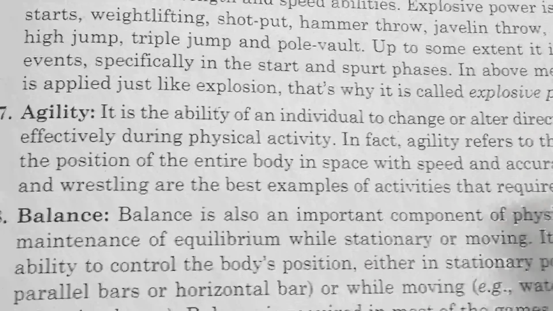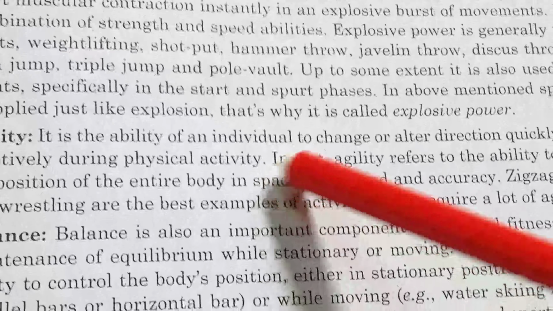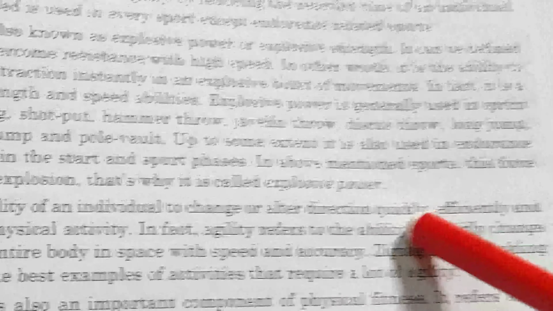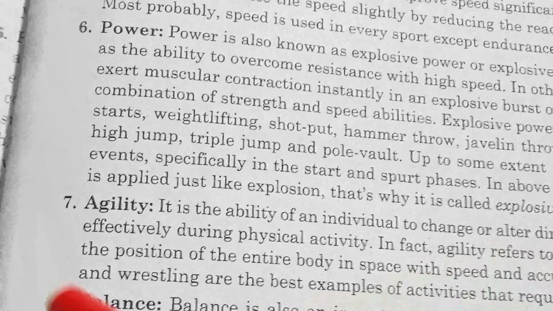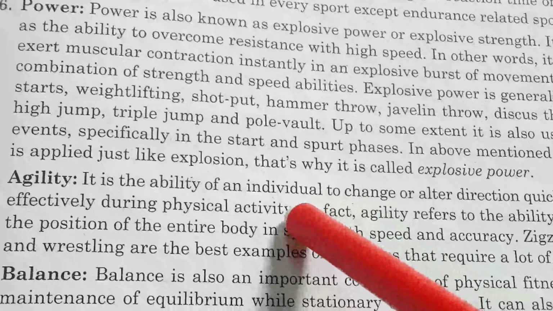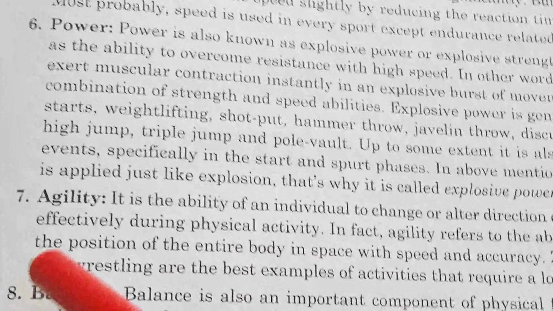Next, agility. It is the ability of an individual to change or alter direction quickly, efficiently, and effectively during physical activity. You should learn the first line only. So what is agility?